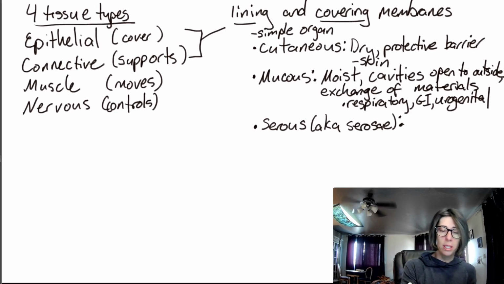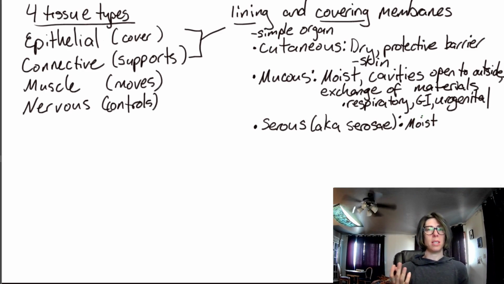These are also moist. And you find them in internal cavities, completely internal cavities, and they line internal organs that are not at all open to the outside world. And their job is to reduce friction as those organs move against each other.